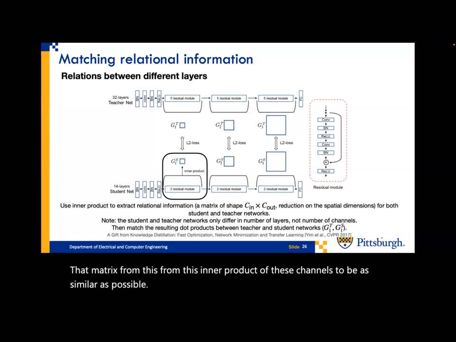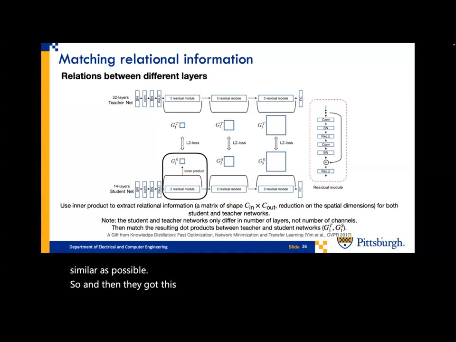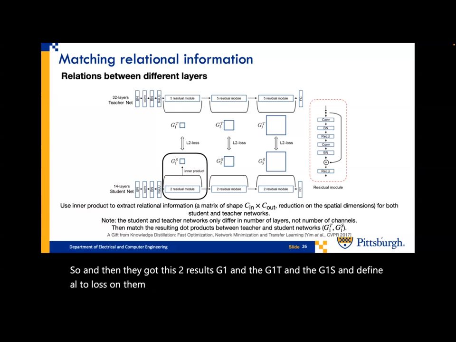So they get these two results, G1T and G1S, and define an L2 loss on them, trying to minimize that loss to make the relational matrix as similar as possible. Okay, so that's that.